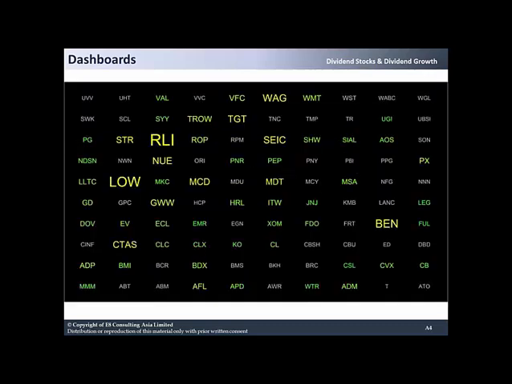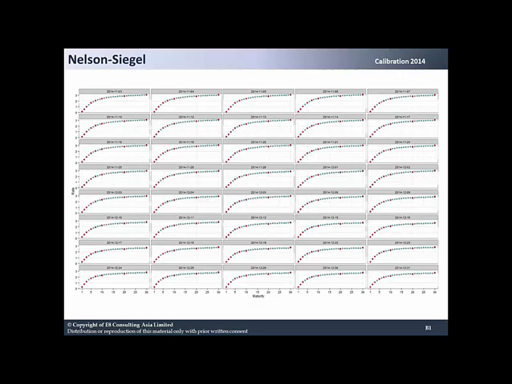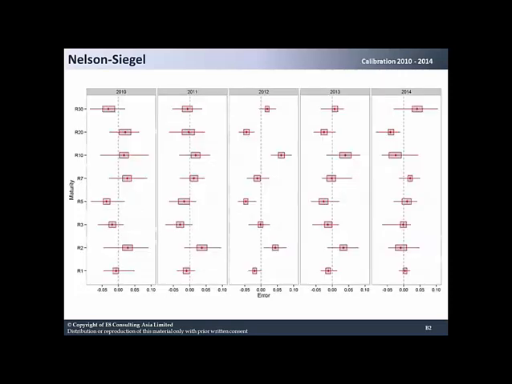A more sophisticated analysis that we've done in the past is more on the financial side. It's Nelson-Siegel. So we compare the calibration of this format to the true markets. We then summarize this to see where exactly the calibration errors were for each year. And as you can see, the calibration errors are basically summarized with box plots.